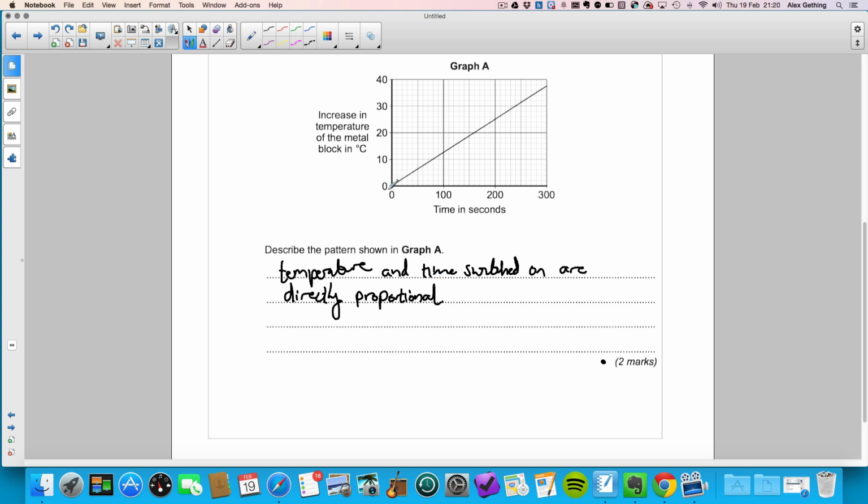You need to get across the idea that whatever increase in time we've had, you've had a similar or an equivalent increase in the temperature. So if this goes up by that amount, this goes up by that amount, and that does not change. So directly proportional is what we're looking for there. If you simply said that temperature increases over time, you'd only get a single mark there. Okay, so it's that directly proportional idea that they're looking for.